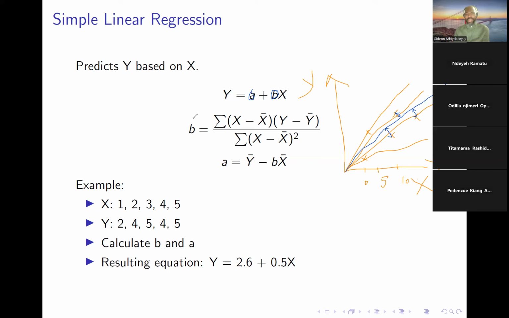Those errors can be computed using something like this. You don't need to worry about that for now. Base knowledge is that a simple linear regression model, which is a model, can be obtained by fitting a line into measurements between two variables. And once you do that and you get the baseline, what you simply have is the coefficients A and B.